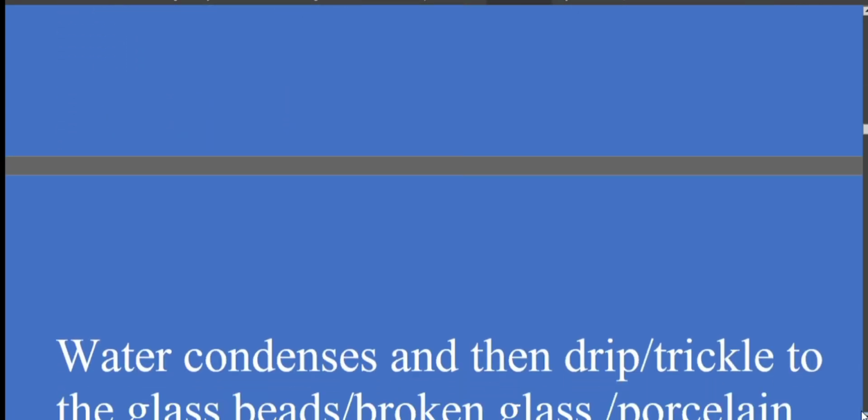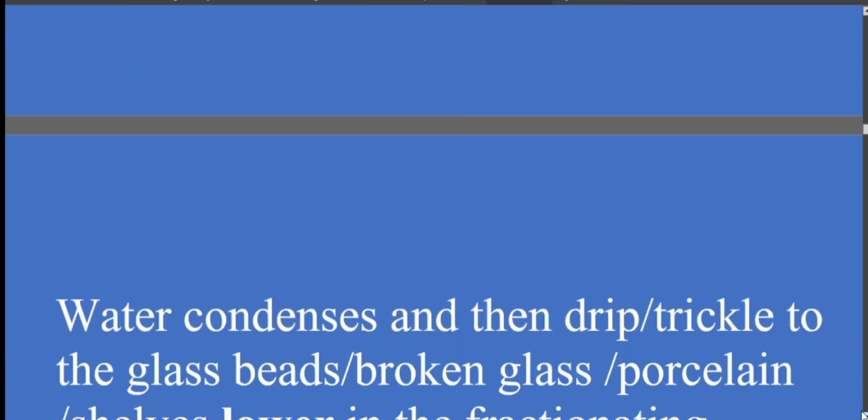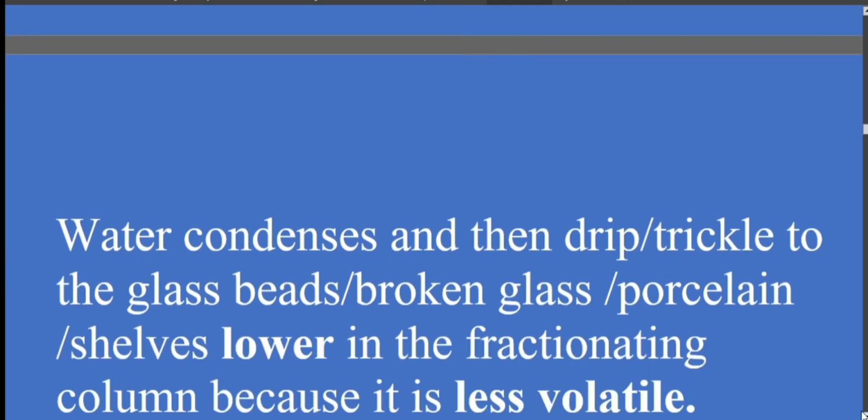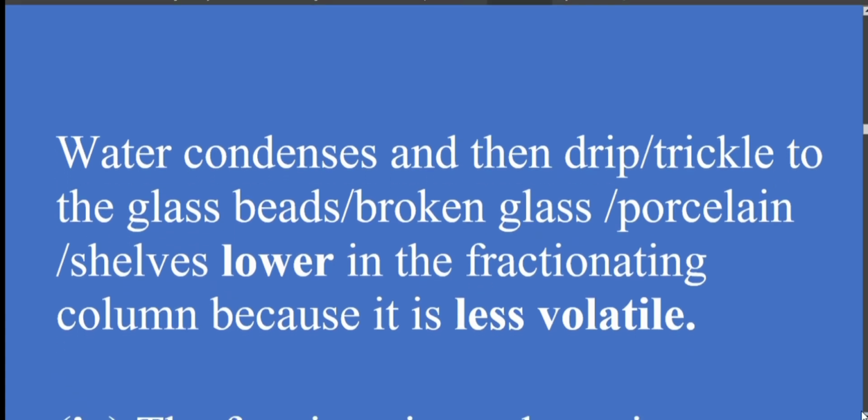Then water condenses and drips back to the glass beads lower in the fractionating column. The one that has already reached the boiling point is dripping, but on the higher end. The one that has not is dripping on the lower end because it is less volatile.